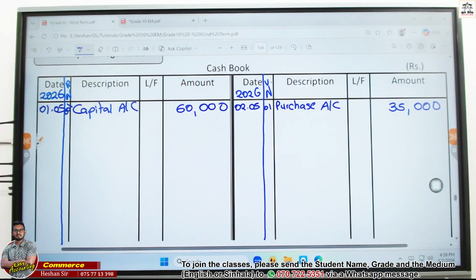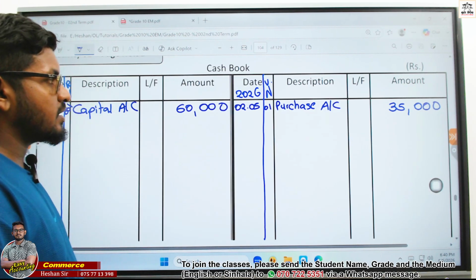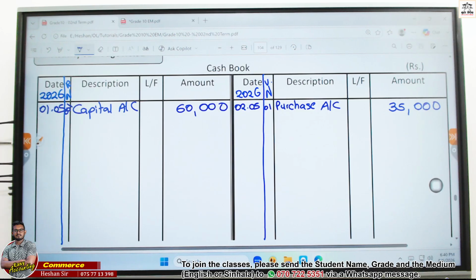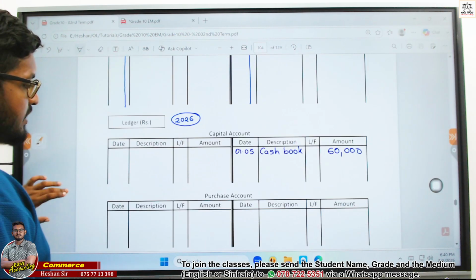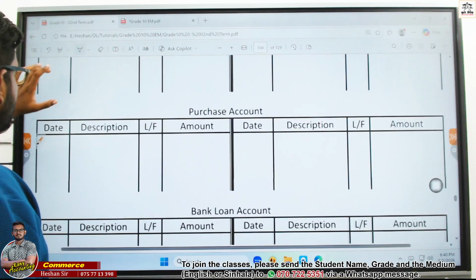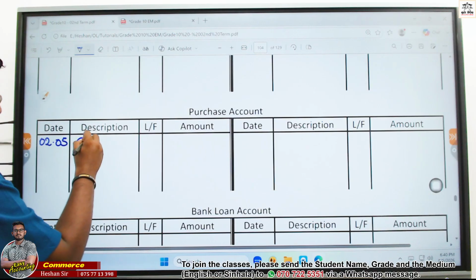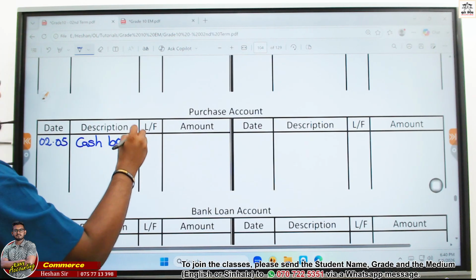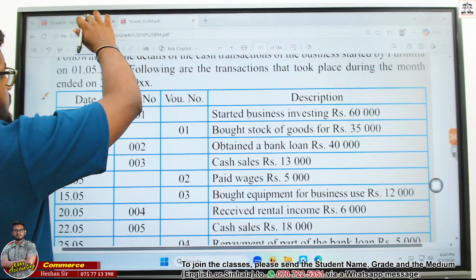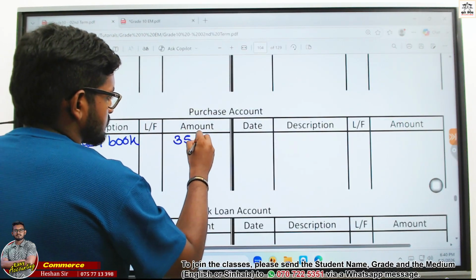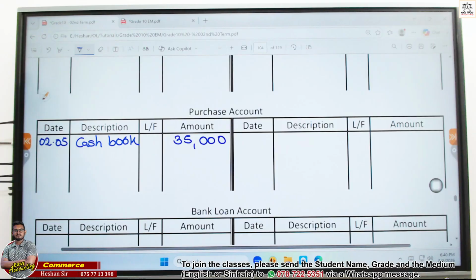Debit the purchase account, 2nd of May. Cash book, how much? 35,000. Cash book credit, purchase account debit 35,000.